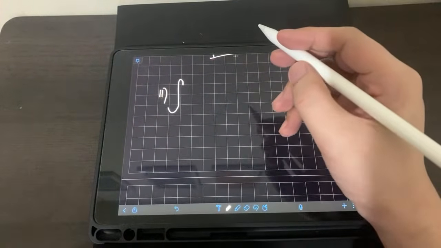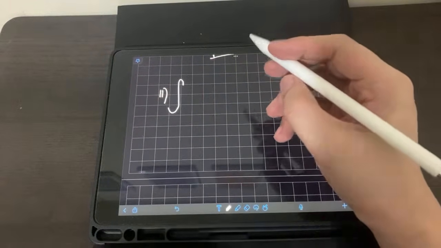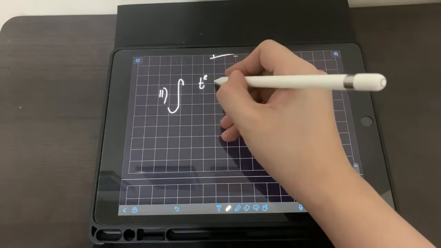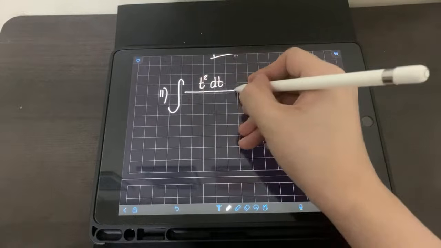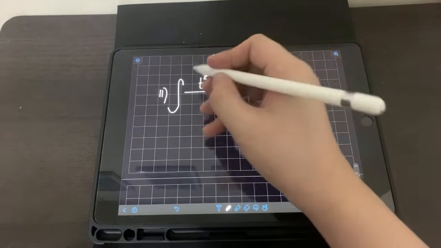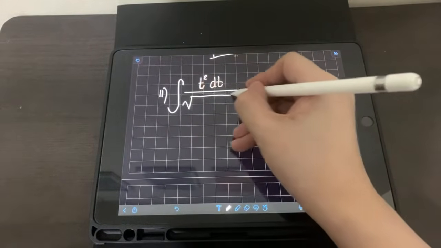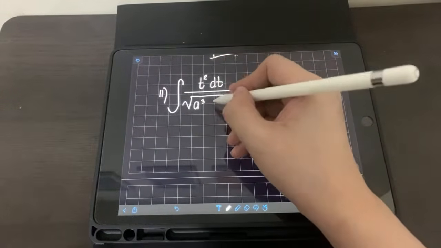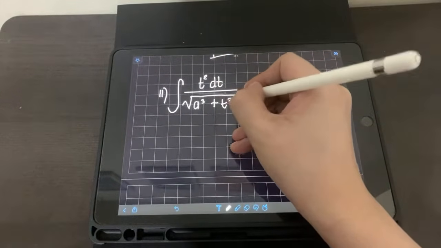Integral of t squared dt over square root of a cube plus t cube.